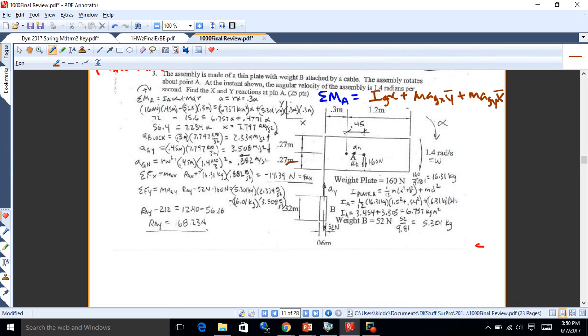So basically this is a rendition of that equation in a little bit different format because I did this a number of years ago, but that's basically what that is. And I did that because this weight here is joined to the plate by a rope. So it itself is not rotating. The plate rotates, but the block at B does not, okay?